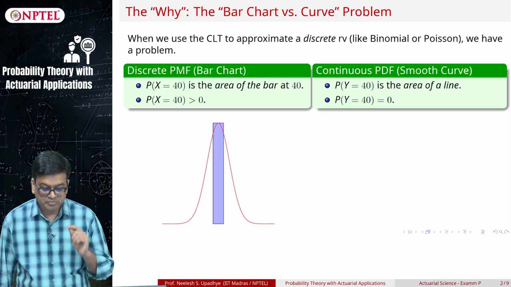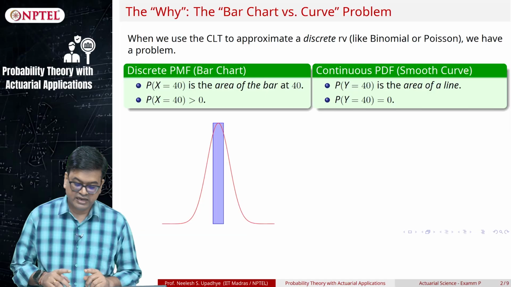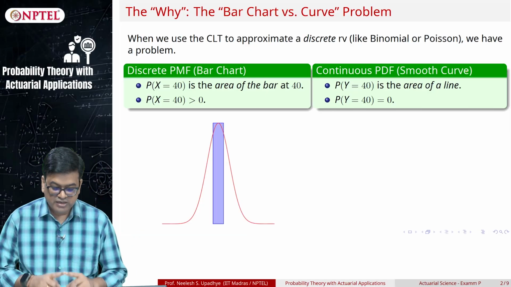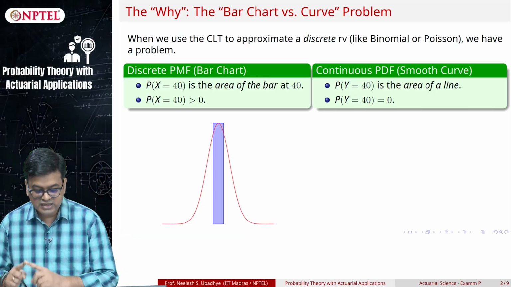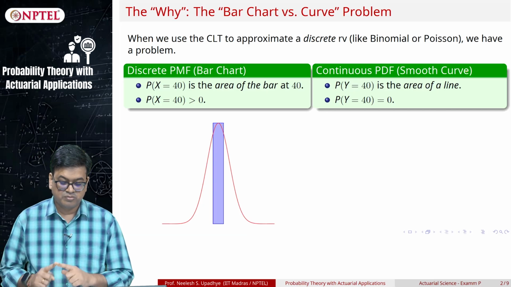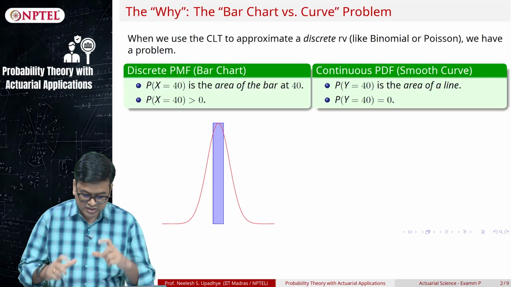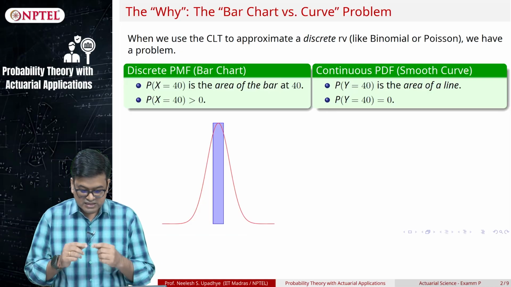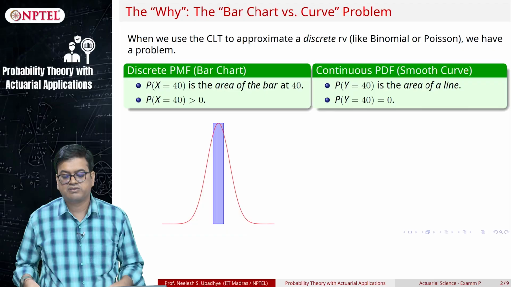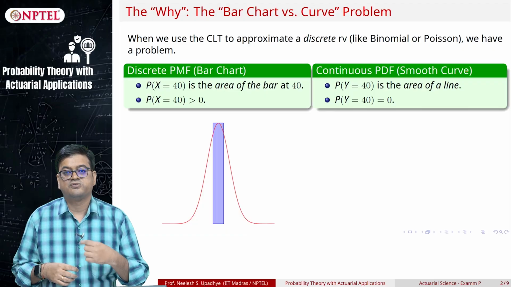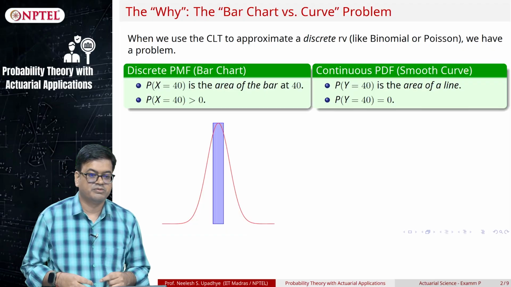When I have a PDF, the probability of y equal to 40 is 0, but the area is covered in the unit interval, because it is the rate of change of probability, if you remember.